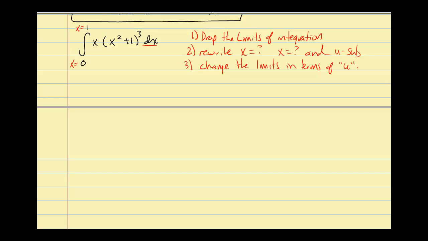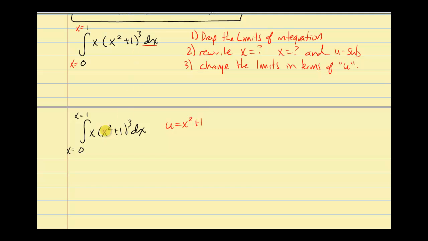And I'm going to try and demonstrate each of these in the next few problems. Now, the problem that we're looking at right now: x equals 0 to 1, x times x squared plus 1, quantity cubed, dx. Remember, I want to put x equals in here because I need to keep track of what's going on. Now I'm going to let u equal x squared plus 1. We already kind of know this is the technique that we're going to look at.